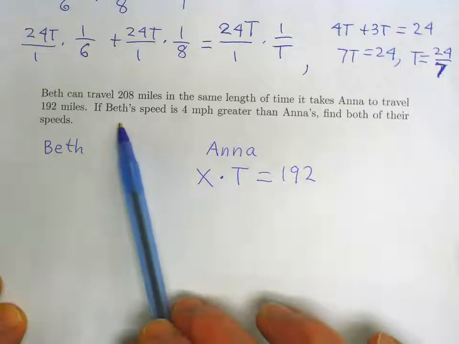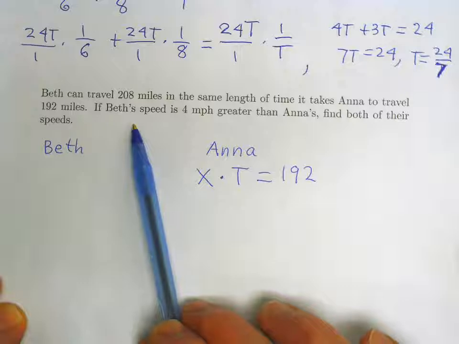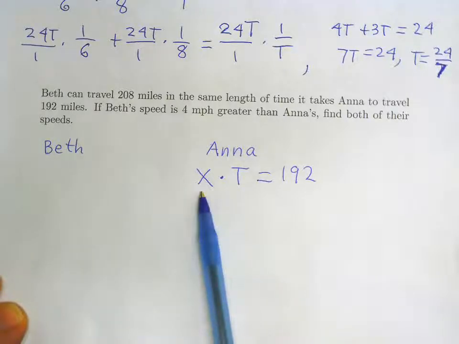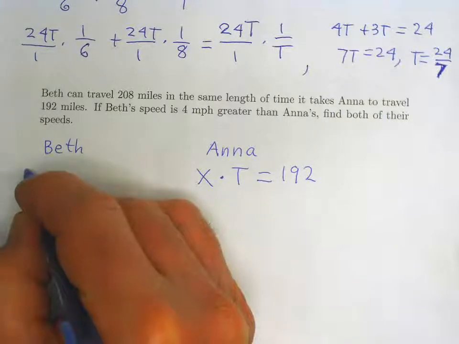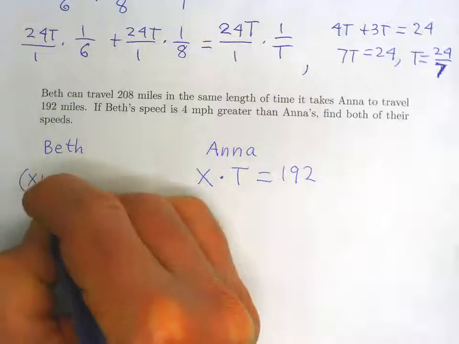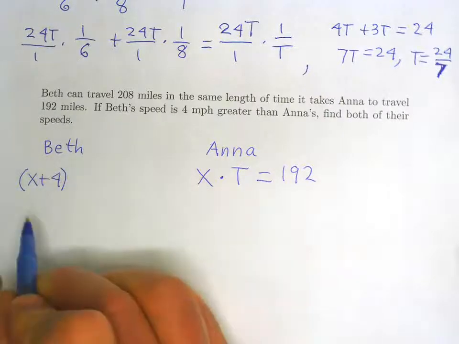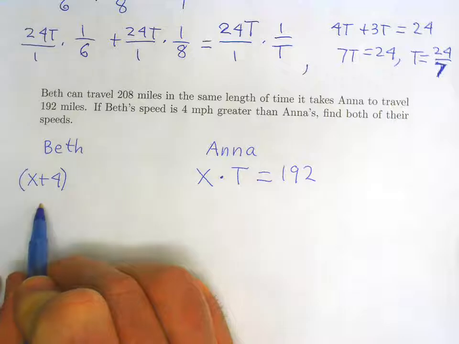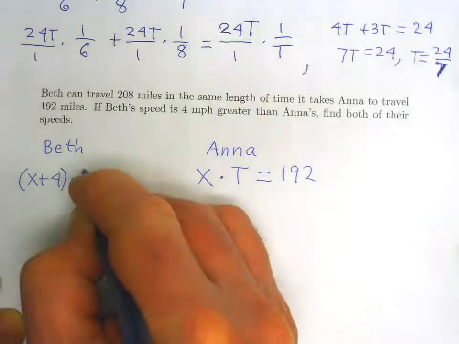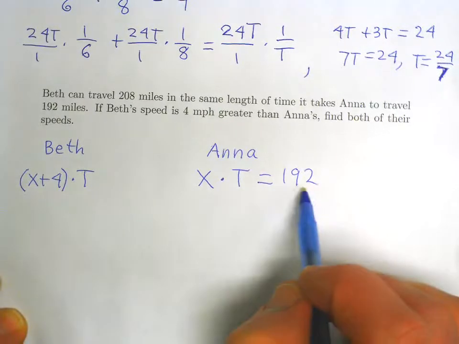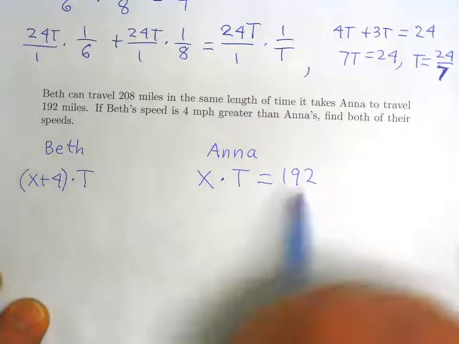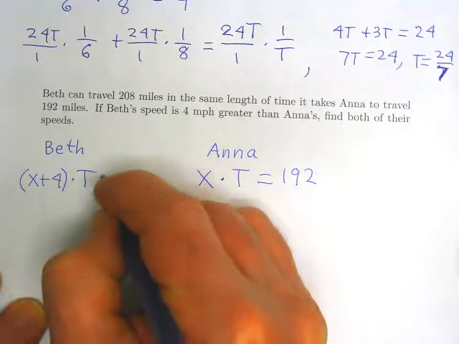Well, we're told in the second sentence, Beth's speed is 4 miles per hour greater than Anna's. So if Anna's speed is x miles per hour, then Beth's speed is x plus 4 miles per hour, because her speed is 4 miles per hour greater than Anna's speed. And in the same amount of time it took Anna to travel 192 miles, Beth traveled 208 miles.